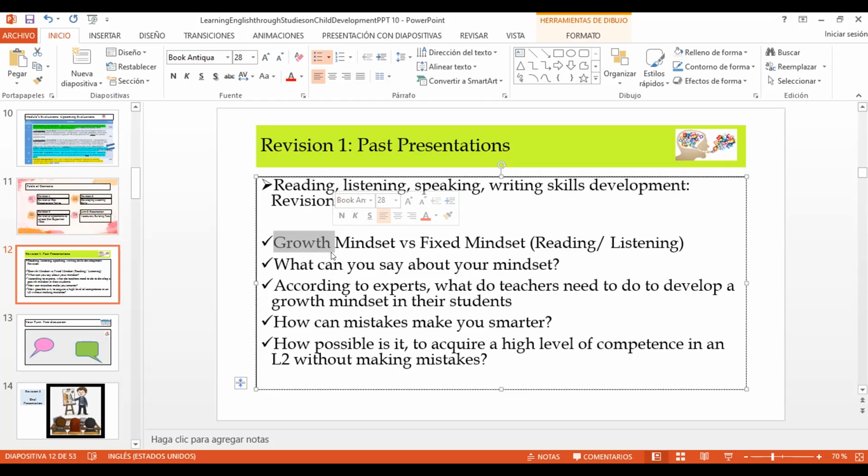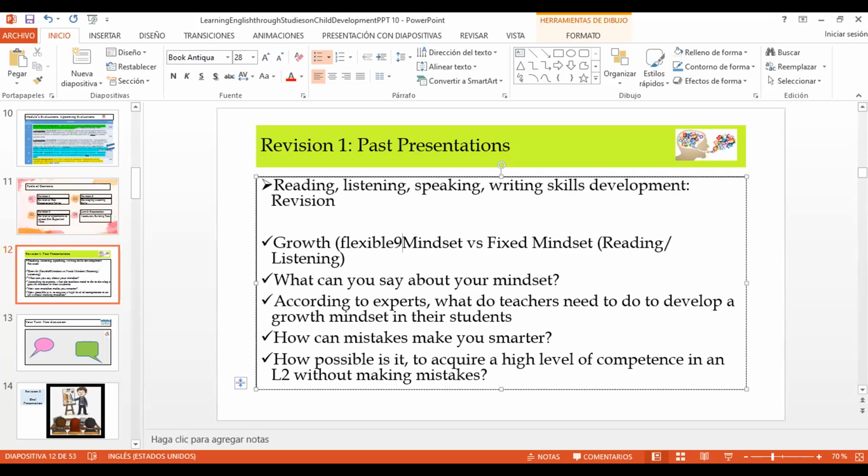Flexible could also be, I think in one of the texts, the word was flexible. What does it mean? A growth or a flexible mindset? If you were reading about this and you needed to apply your knowledge and know what it means. This can be flexible as well. I think I wrote this in the previous presentation.